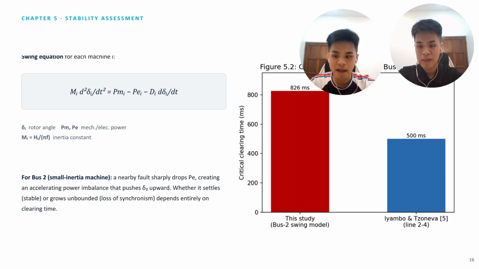For the bus 2 generator, our smaller inertia machine, a nearby fault sharply cuts its electrical output, creating an accelerating imbalance. Whether the rotor angle settles into a stable oscillation or keeps growing until the generator loses synchronism depends entirely on how fast the fault is cleared.